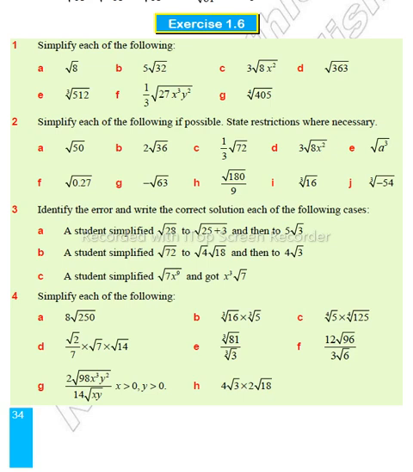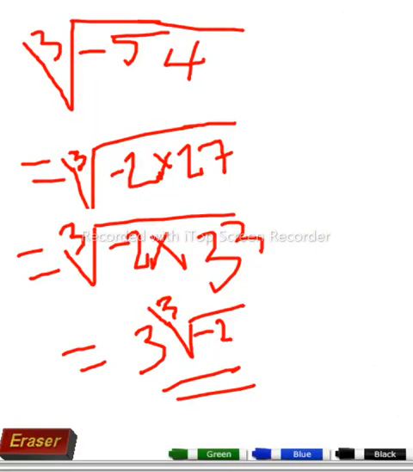You can write this question in two ways. This is not the correct answer. We try to write the correct answer for this question.